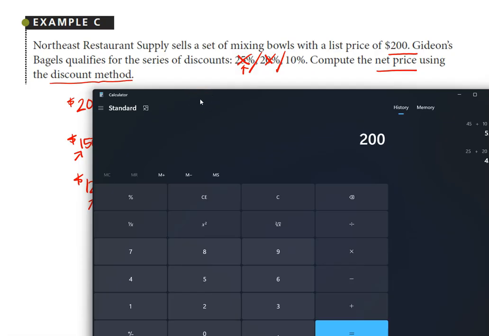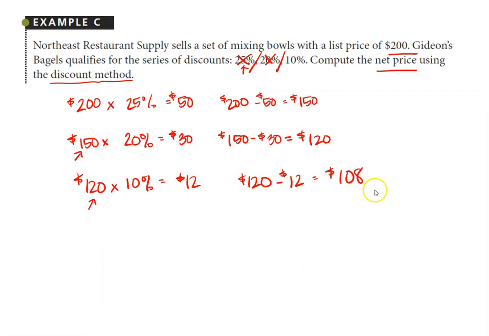And if we multiply 200 times 55%, again, it's close to that $108, but this is a series of discounts. It's not a bulk discount amount. So make sure that you do calculate this using the correct series, first with a 25% discount, then 20%, and then 10%.